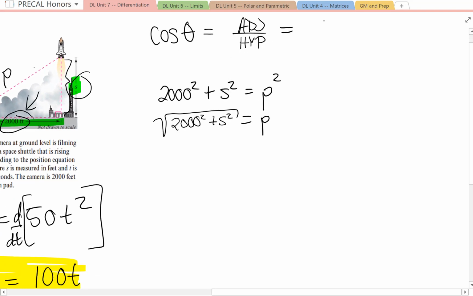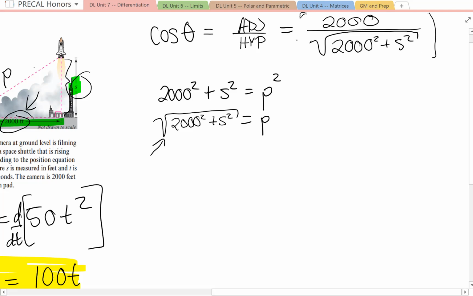The adjacent side is 2000 feet, and the hypotenuse is this wonderful little square root. So this expression is equal to cosine theta, okay?